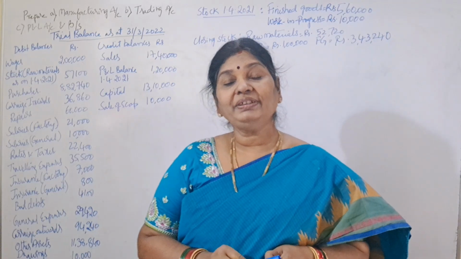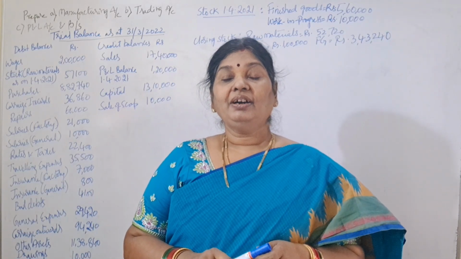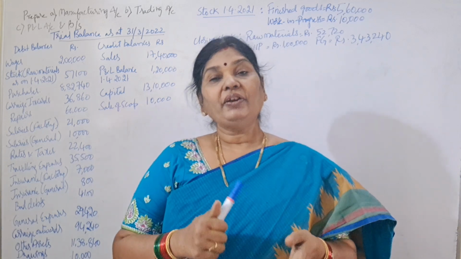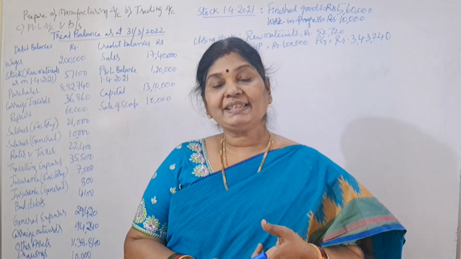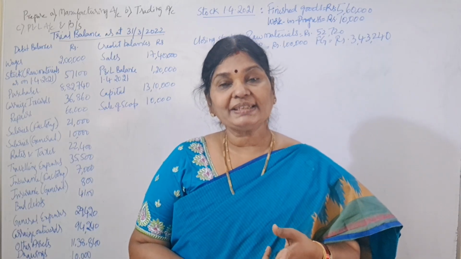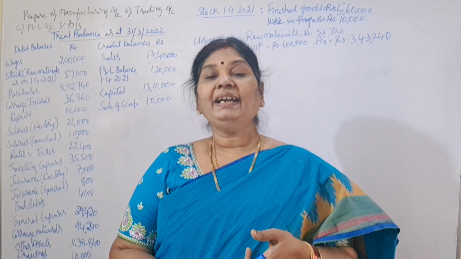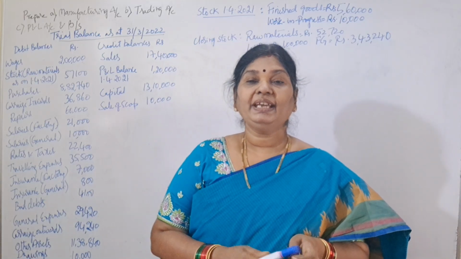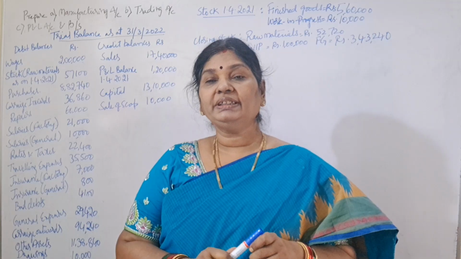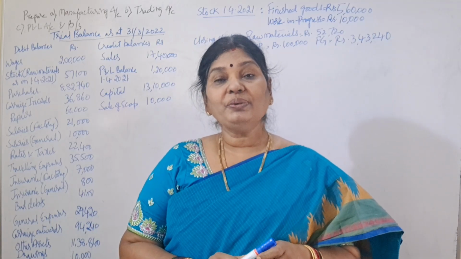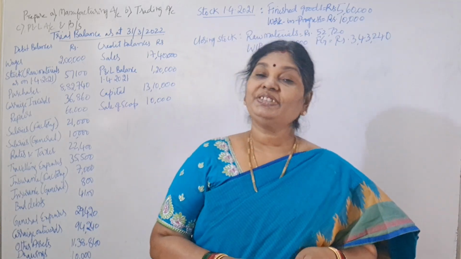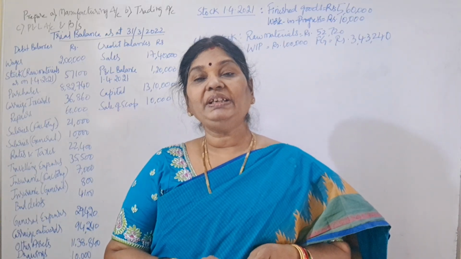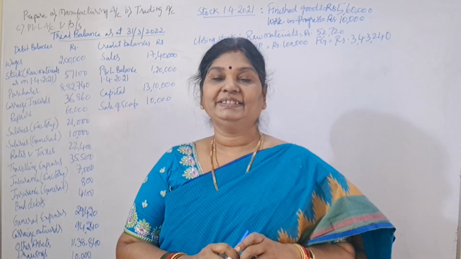So manufacturing account includes all direct expenses and indirect expenses of manufacturing, that is raw material consumed, wages, opening stock of work in progress, closing stock of work in progress, and depreciation on factory machinery, etc. This manufacturing account will give us cost of goods manufactured. So in manufacturing account, we'll calculate cost of goods manufactured. So this cost of goods manufactured will be taken to trading account.